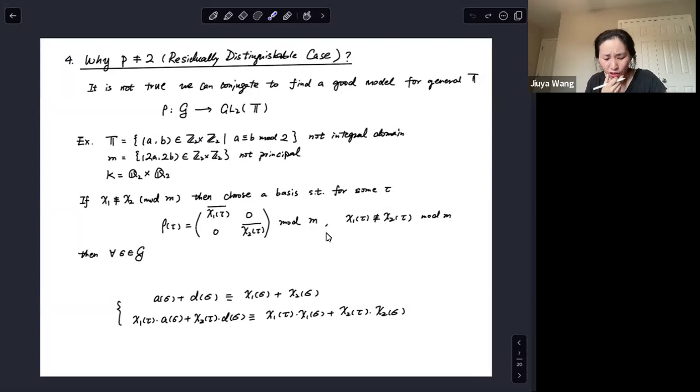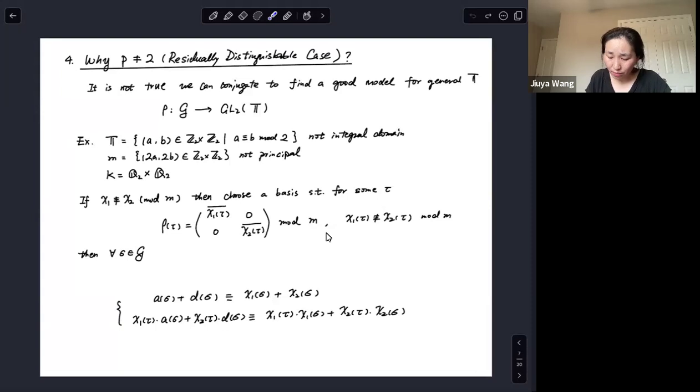But if we know more information, say if we know that chi1 and chi2 are not congruent mod the maximal ideal, then we can take advantage of this and choose some basis that is particularly nice.